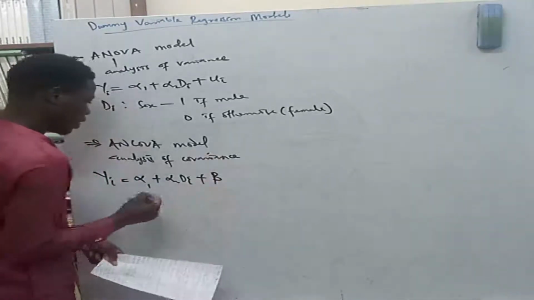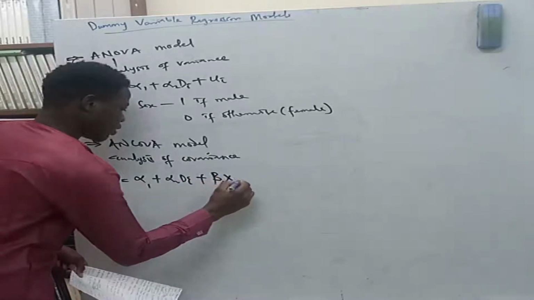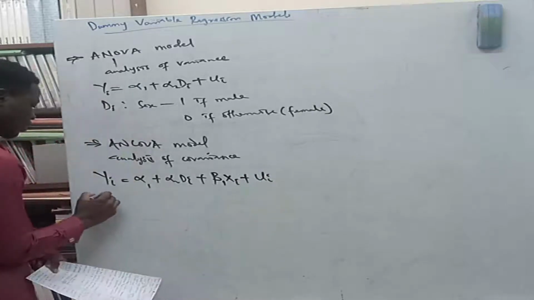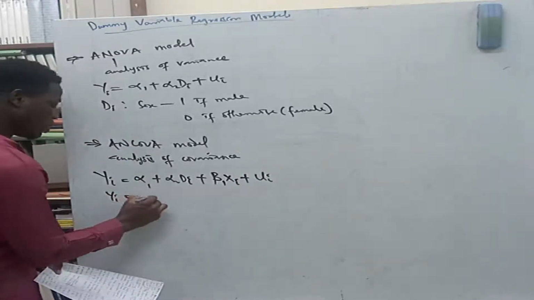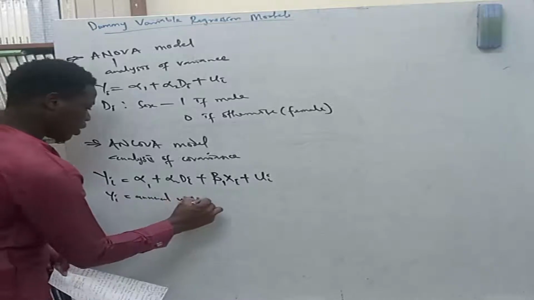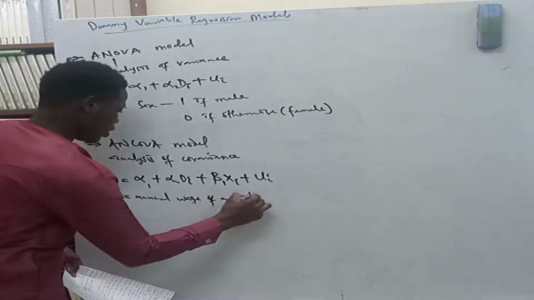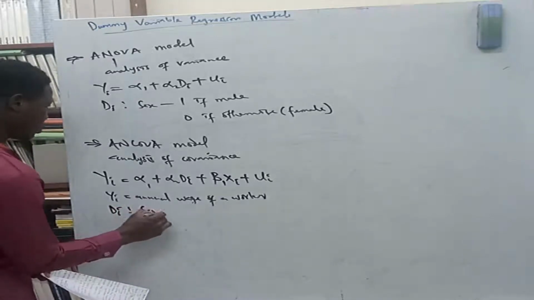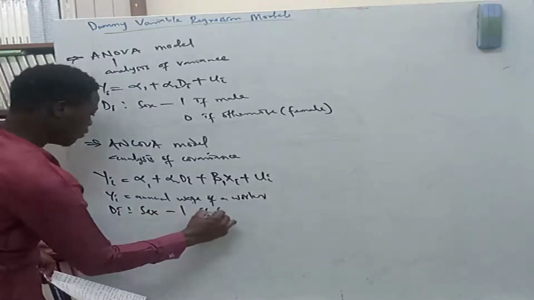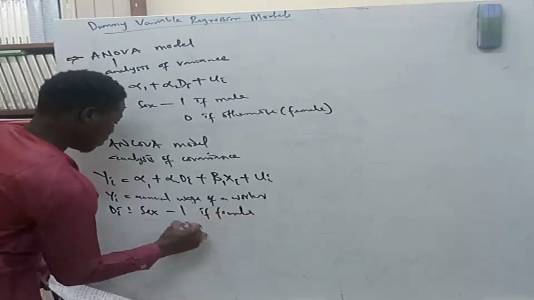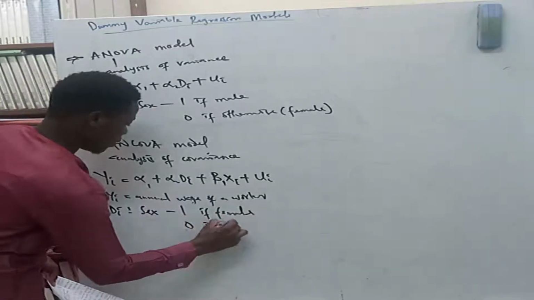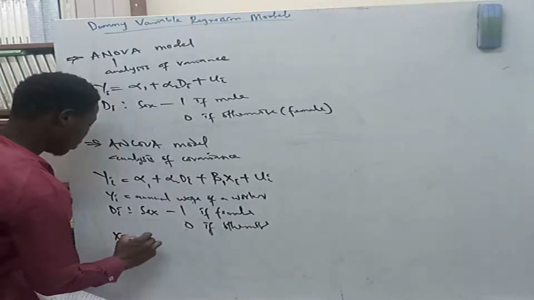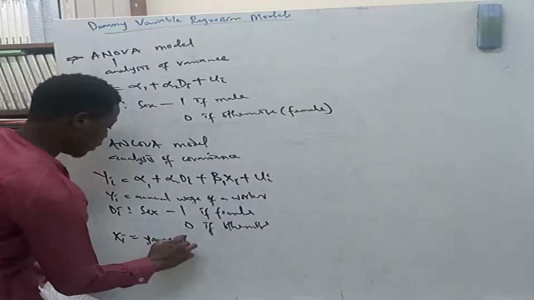So this will be beta, let's call this beta 1 xi plus ui, where yi is the annual wage of the worker. Then di is a dummy for sex, 1 if female, then 0 if otherwise. Then xi is years of experience.